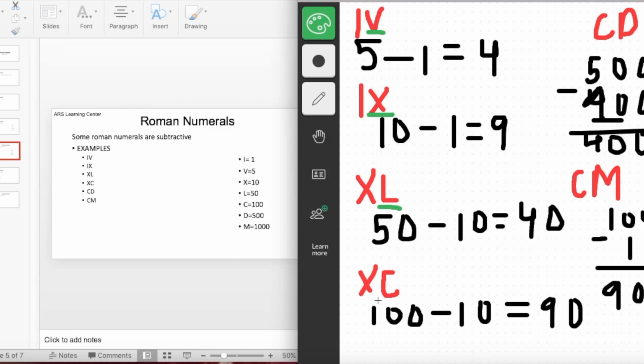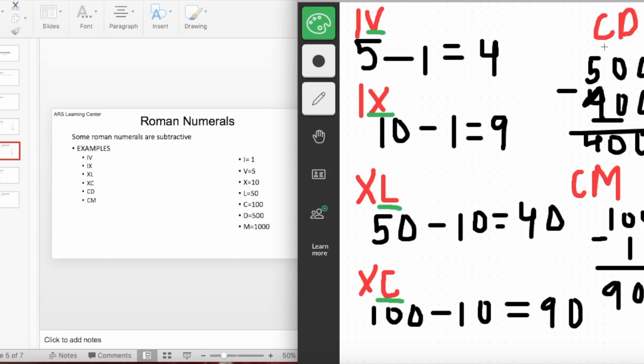Same with XC. C stands for 100, X stands for 10. 100 is larger than 10. 100 is not the first term in the Roman numeral. In the next example, we have CD. In this term, D is the largest because it's 500 and C is 100.